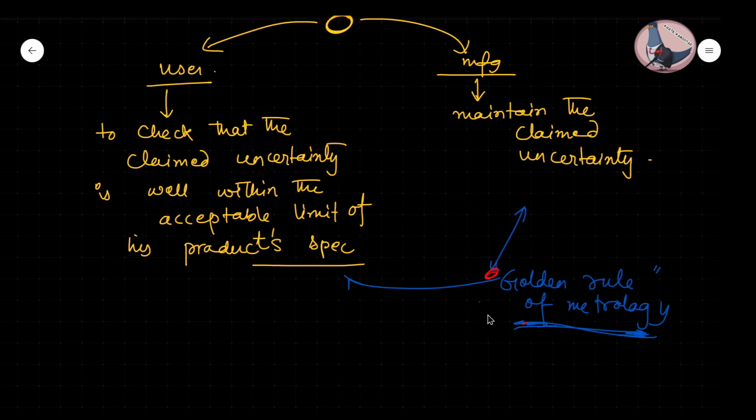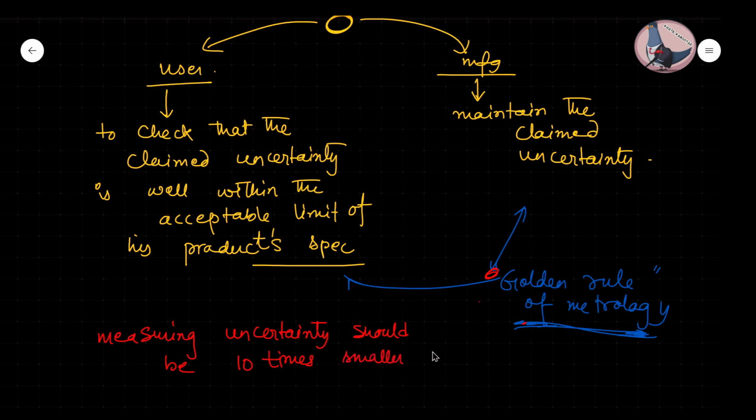And the golden rule of metrology is that the measuring uncertainty should be 10 times smaller than the manufacturing tolerance.